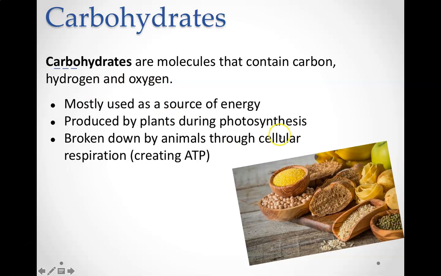So if you've taken bio this semester or last semester, then that should hopefully ring a bell, cellular respiration. But if not, basically you just need to know that that is the process that happens in our cells to create energy. And this ATP is like an energy molecule. So we're using carbohydrates to be able to create energy in our cells.